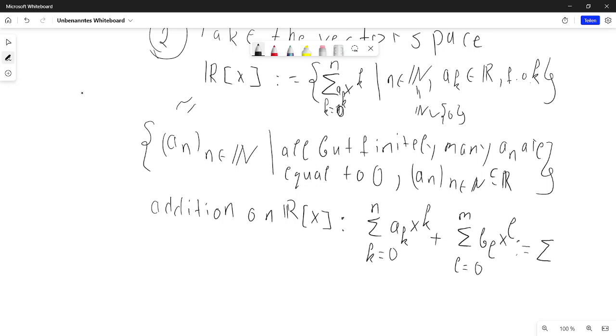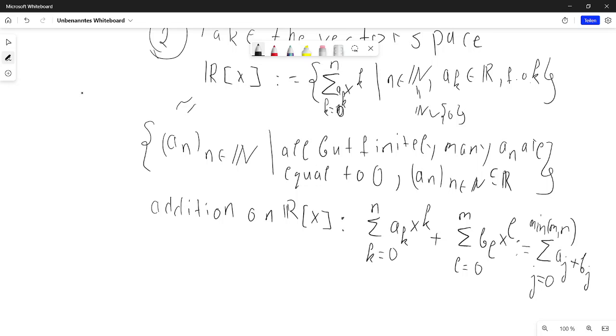This is defined as a sum where we have first the minimum of m and n, and then some j from 0 to this minimum. That is, I'm just summing up until the point where both sums still go.